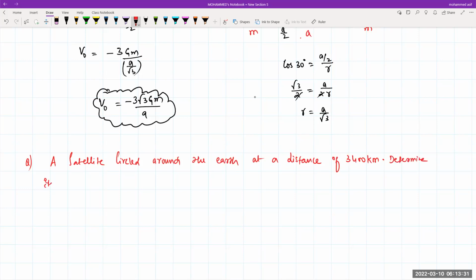Determine its orbital velocity if the radius of the Earth is 6,400 kilometers. Take the G value as 9.8 meter per second square.